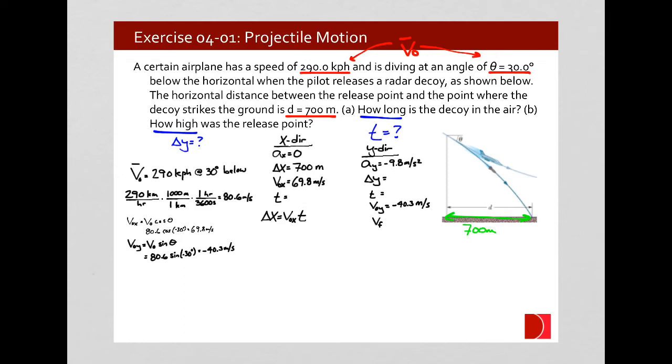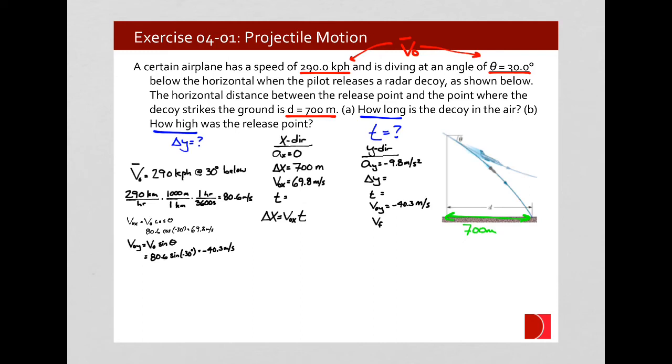And so in this case, we do know the distance in the x direction, we do know the velocity in the x direction, so we could find time, which happens to be the first thing that we're being asked. On top of that, once we know time from the x direction, that will give us the third kinematic variable for the y direction, and we'll be able to calculate other things in that direction.